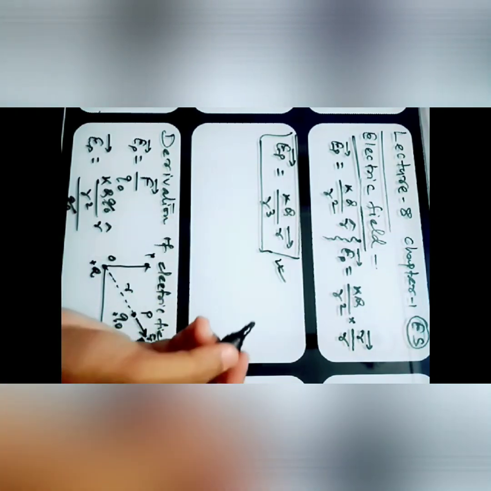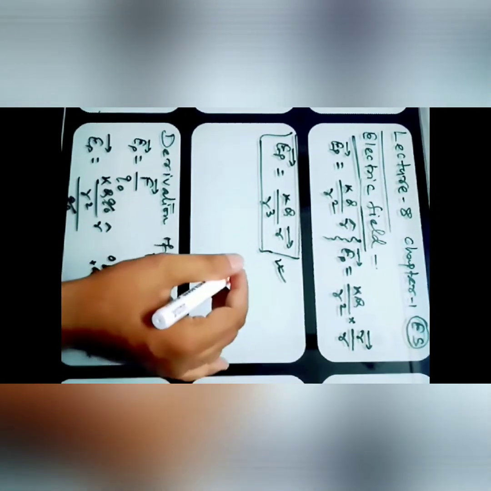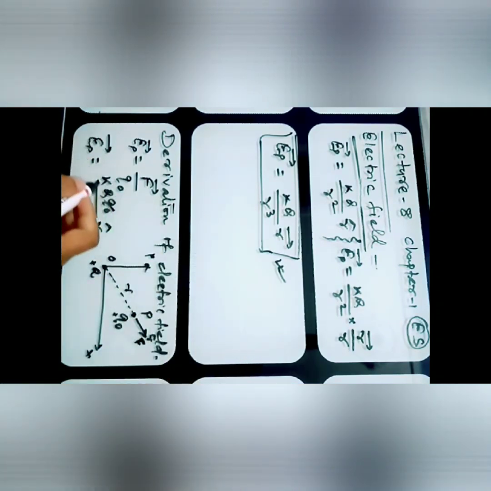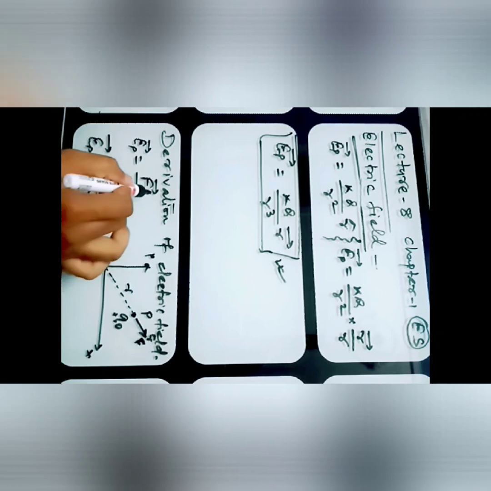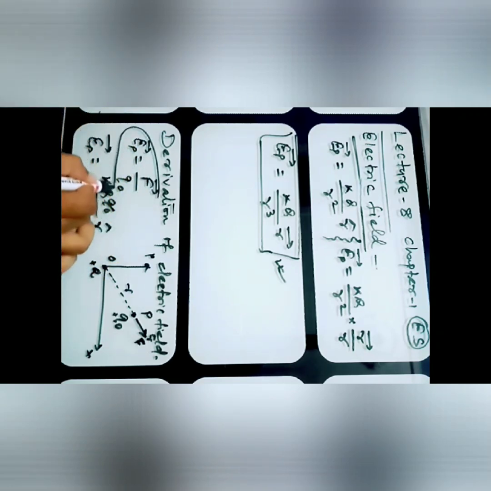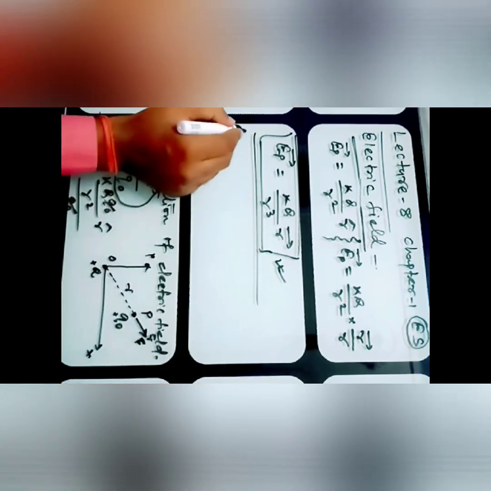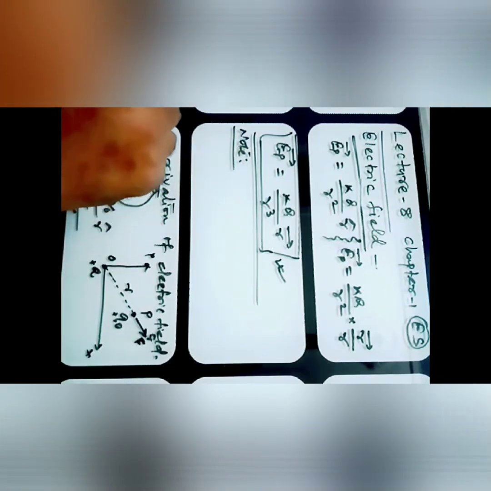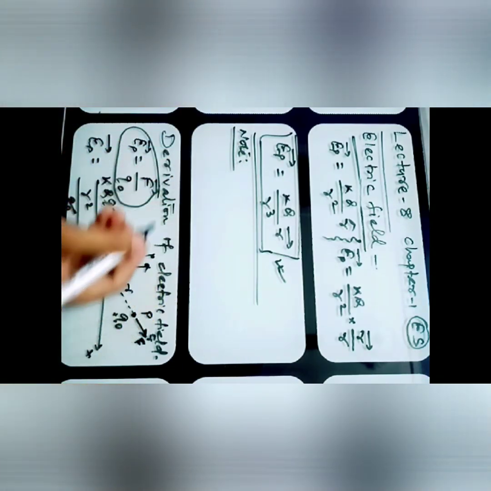Now students, if any charge is placed in an electric field, then you can find the force on that charge using this definition. That's what the electric field is, force per unit charge. So be aware and try to make this a note point.